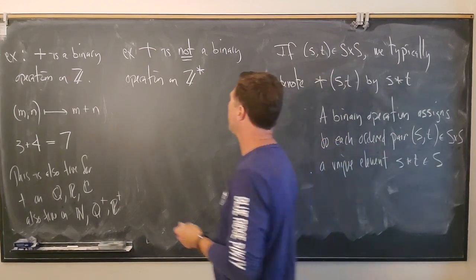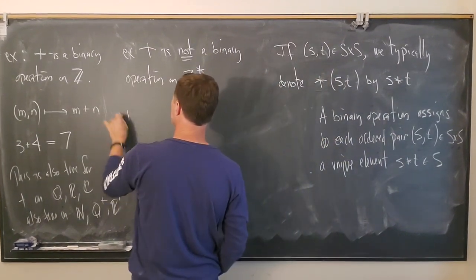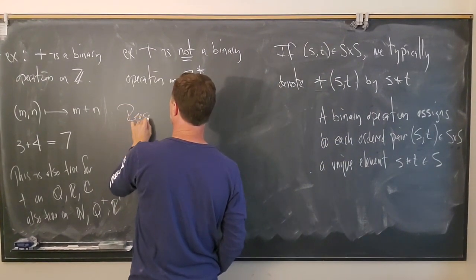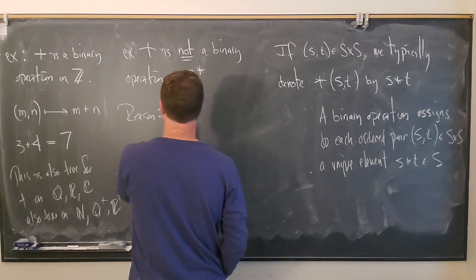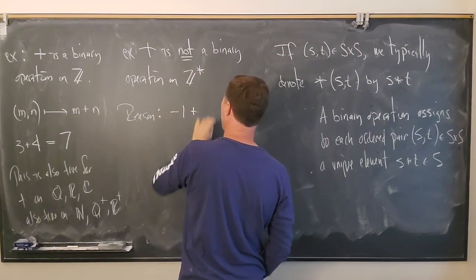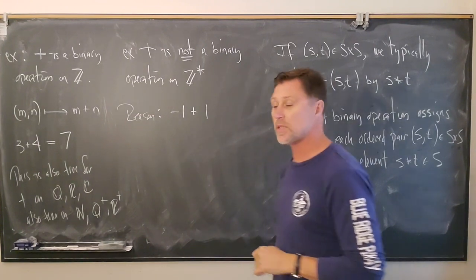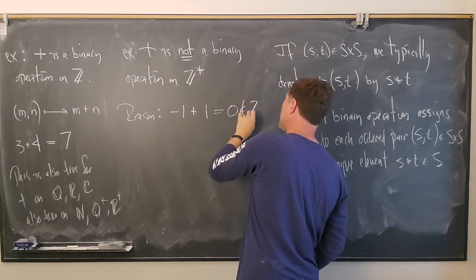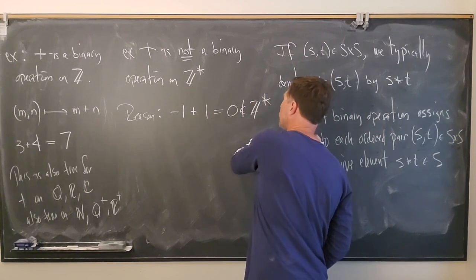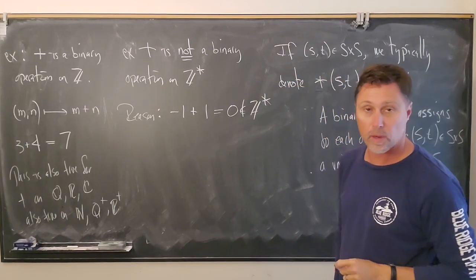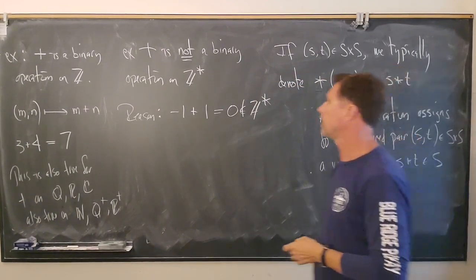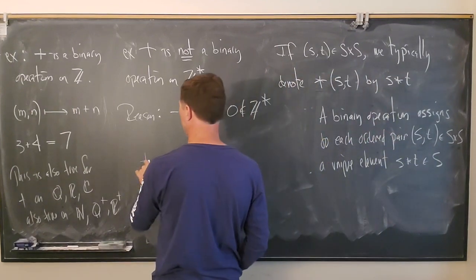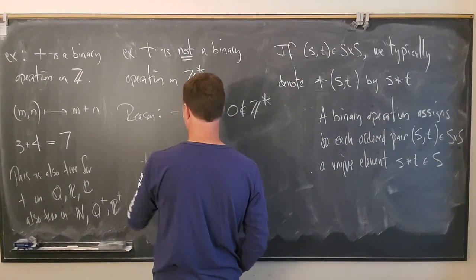And why is that? Well, if you add minus 1 plus 1, you get 0, but 0 is not in Z star.